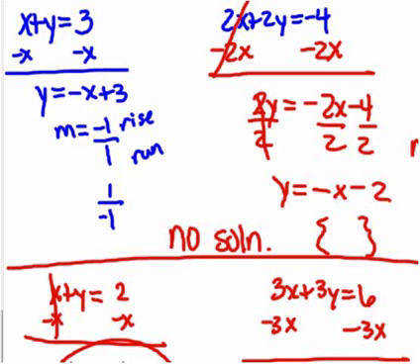Nothing in here tells me if it matters which one. I'm just going to write this. I think it will accept it. So this means the set of all ordered pairs x, y, such that y equals negative x plus 2. That bar is the word such that in mathematics. Infinitely many solutions is what most textbooks say.